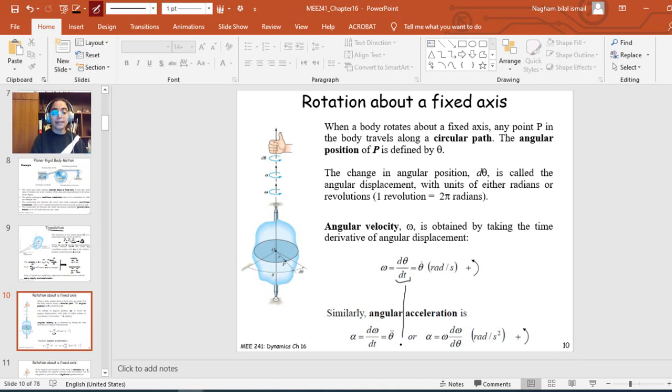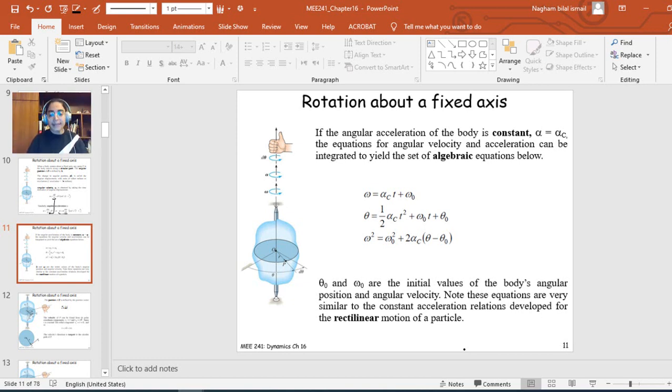If I replace dt by d theta over omega here, then omega will be in the numerator, and alpha, which is the angular acceleration, will be omega d omega over d theta. All right? So this is very similar to the general motion where a is equal to v dv over ds.